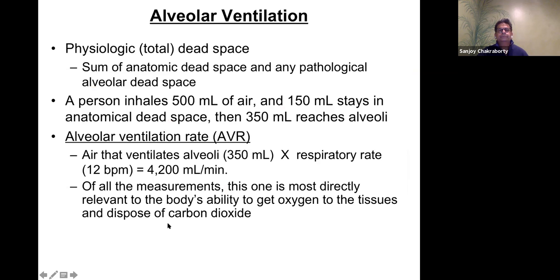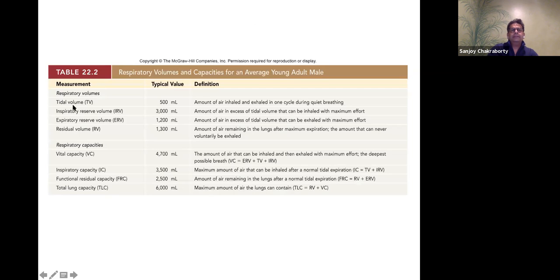Alveolar ventilation, meaning the amount of fresh air. I'm using the word fresh intentionally because we talked about the anatomical dead space. It's simple math though. If we go back right here, the tidal volume is the amount of air inhaled or exhaled in one cycle.